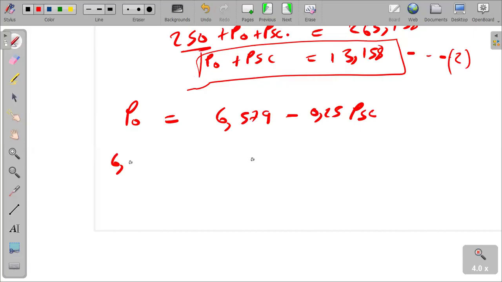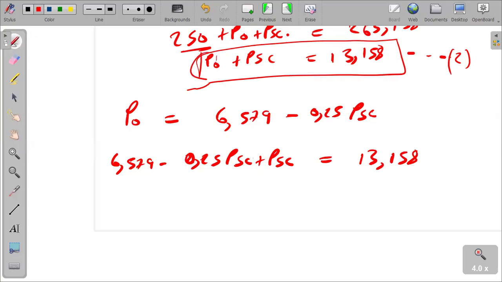So we can say 6.579 minus 0.25 PSC plus PSC that we already have is equal to 13.158. I have simply replaced PO with what I have now, so it's solving the simultaneous equations.